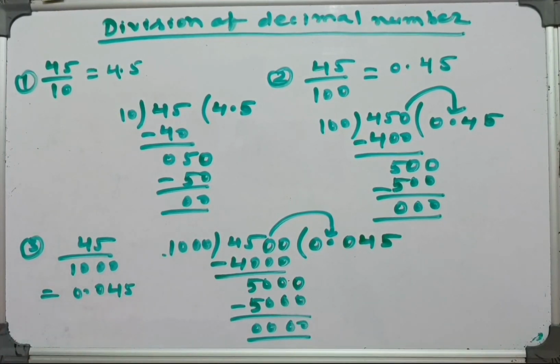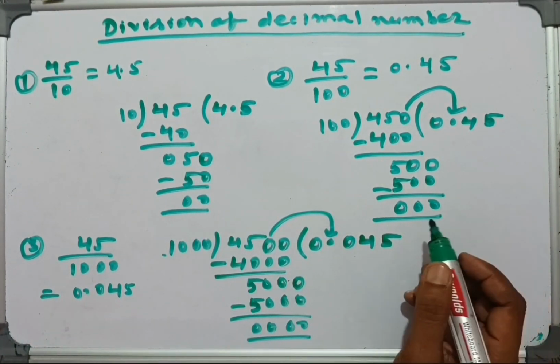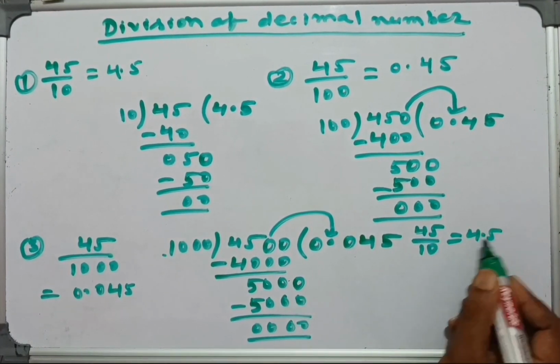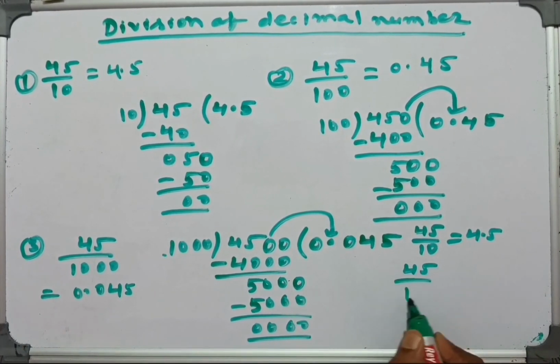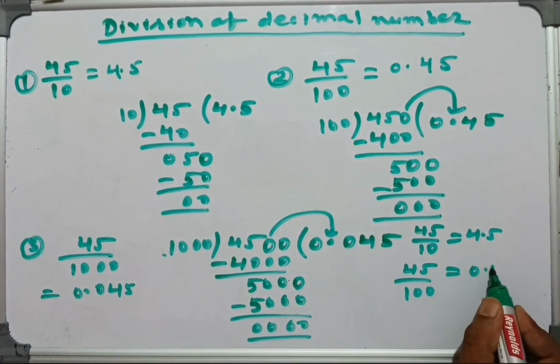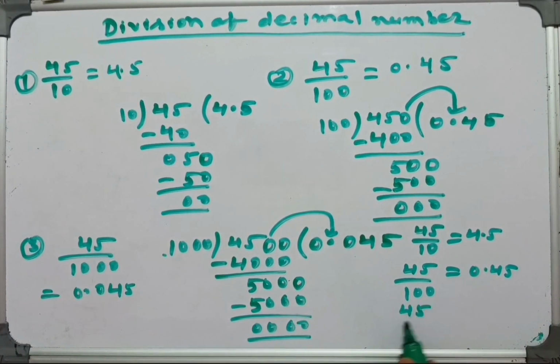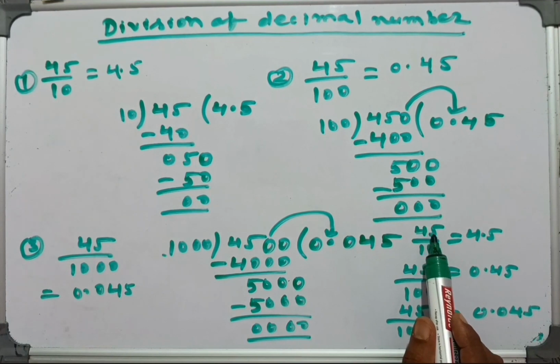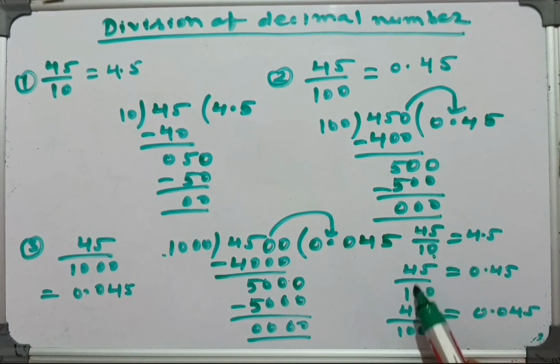So guys, what do you conclude here? See, 45 by 10 is equal to 4.5, and 45 by 100 equals 0.45, and 45 by 1000 equals 0.045. Now see, what is the logic here? For 10, the answer has one decimal place. For 100 there are two decimal places.